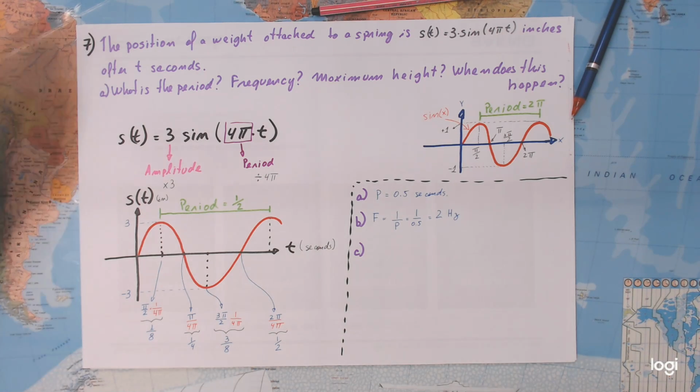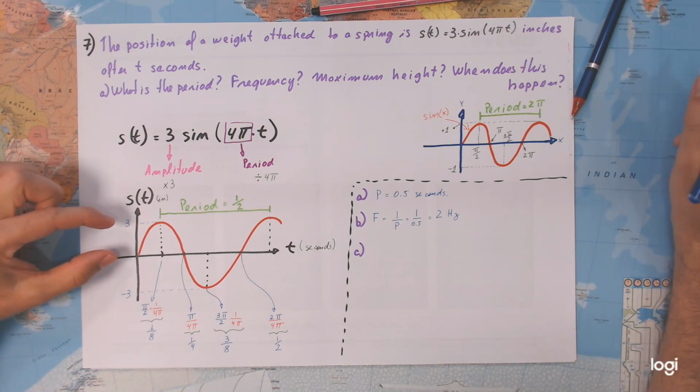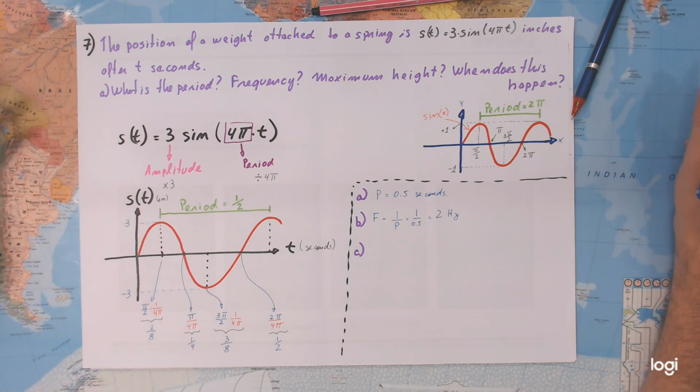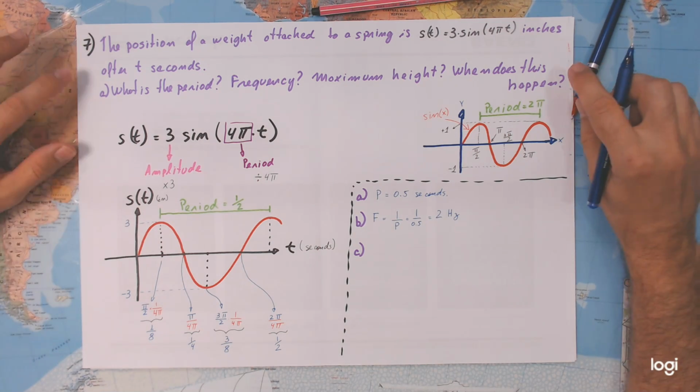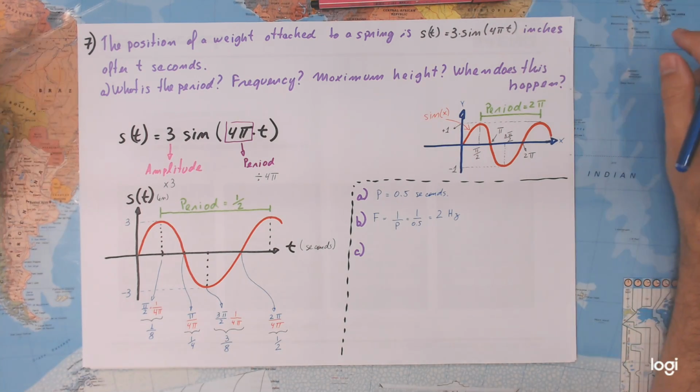Now this part is a little bit tricky. Because the amplitude is 3, can we say that the maximum height is 3? It depends. The exercise did not state exactly where 0 is.